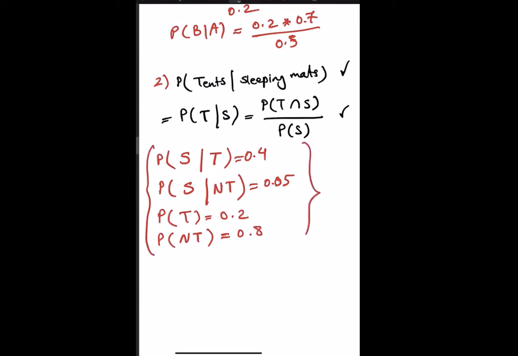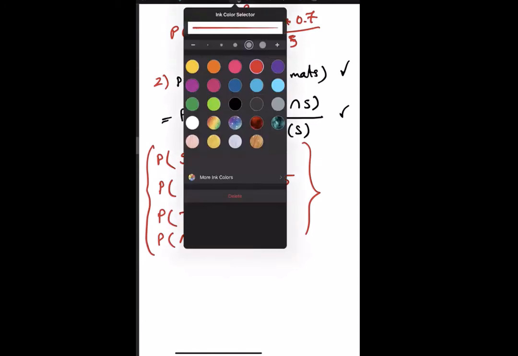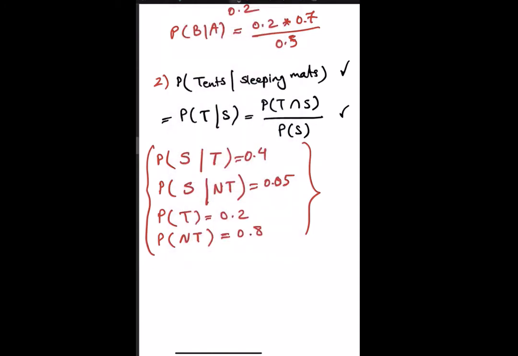Now remember what we want to calculate is this value. So now let's look at the numerator. Probability that an order has tent and sleeping mat. Do I have this probability in the problem statement?